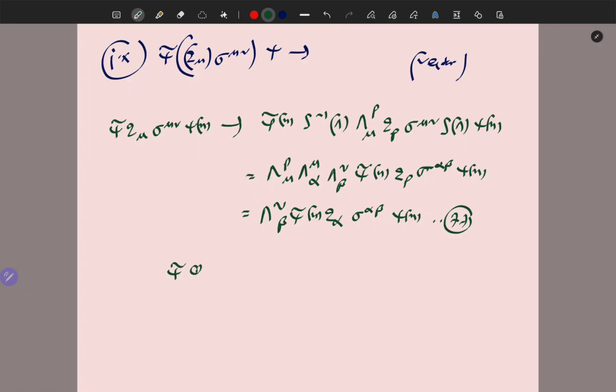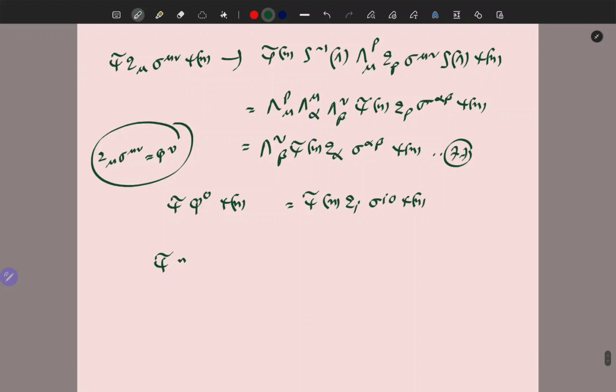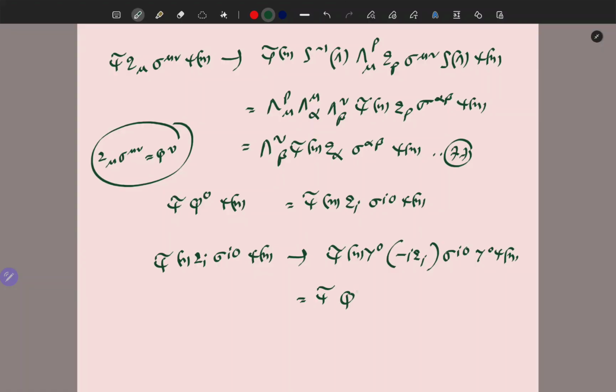So psi tilde q0 psi of x, where q mu sigma mu nu equals q nu, which is psi tilde of x qi sigma i0 psi of x, and we show that psi tilde of x qi sigma i0 psi of x, which is psi tilde of x gamma 0 minus i qi sigma i0 gamma 0 psi of x, which is psi tilde q0 psi. This is equation number 78.